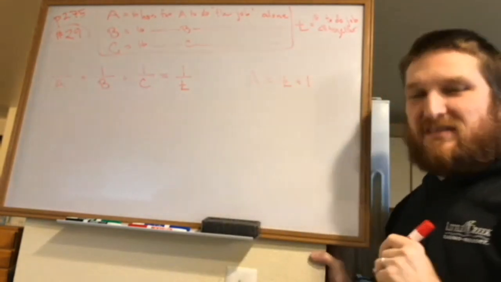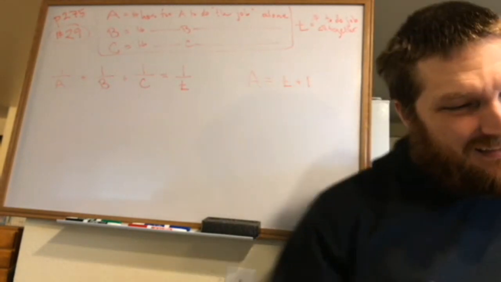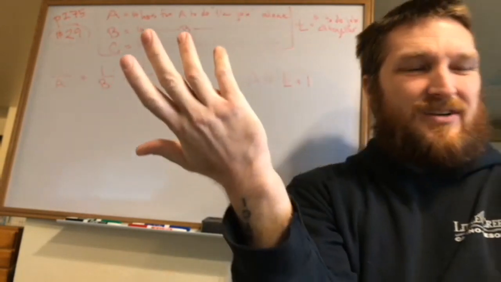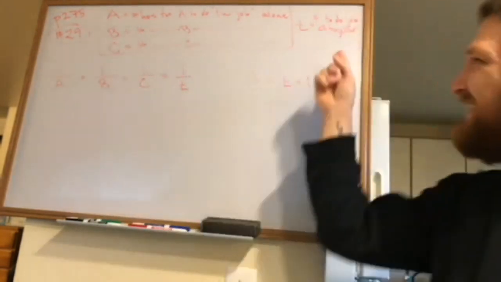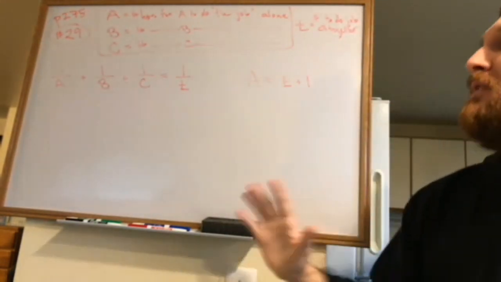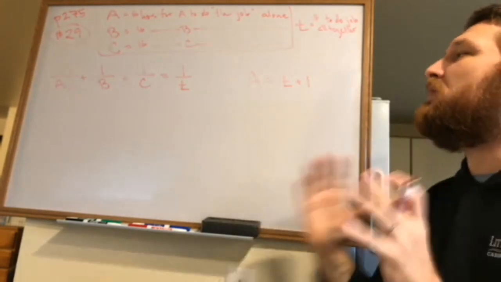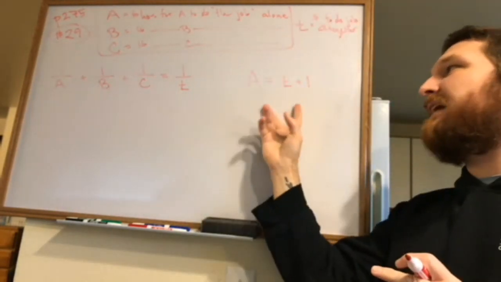This is hard for me too, because it's kind of like, wait, when working alone, it takes one extra hour. One extra hour from what? Well, the only time that they've given you is this right here. So they must be referring to one more hour than it would take all of them to do it. That's the only thing I could conclude here.